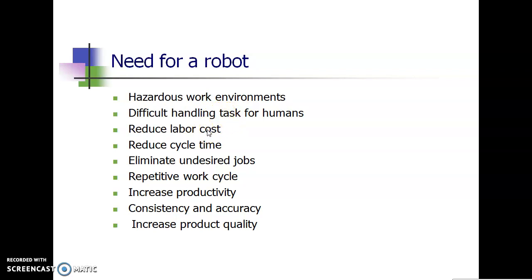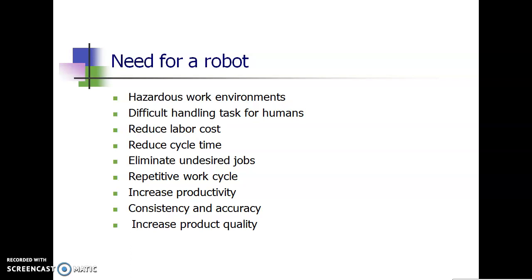Reduce the labor cost. If you want to do the operations repeatedly again and again and for 3 shifts, at that time the labor cost is more, so instead of laborers we can replace them by a robot. And if you want to do the operations very quickly and reduce the cycle time, a robot can be introduced.